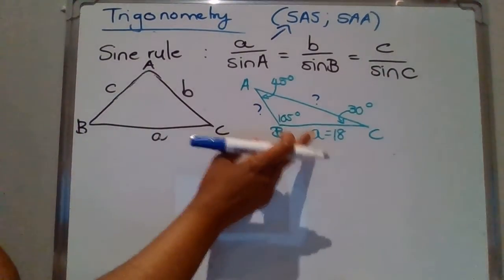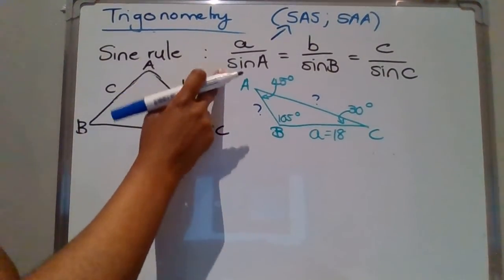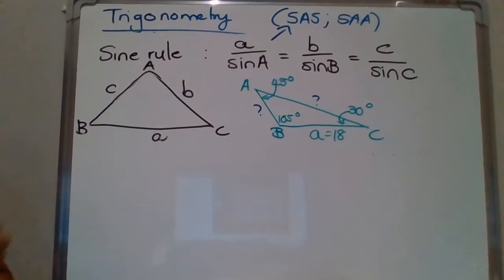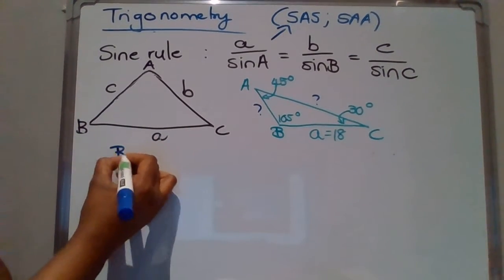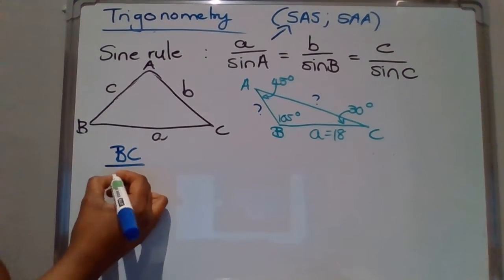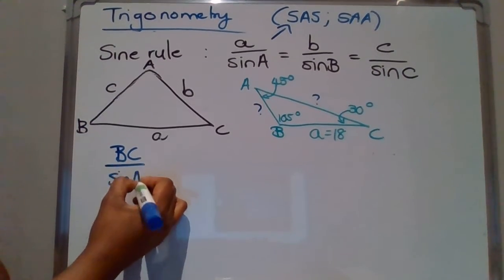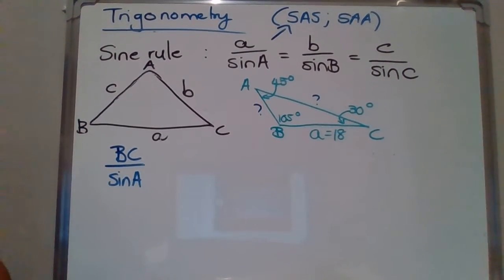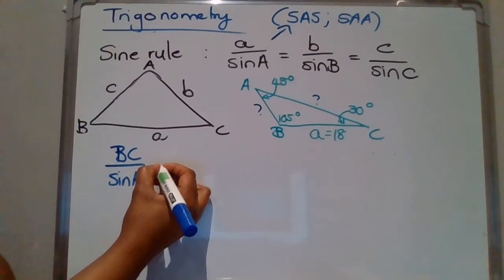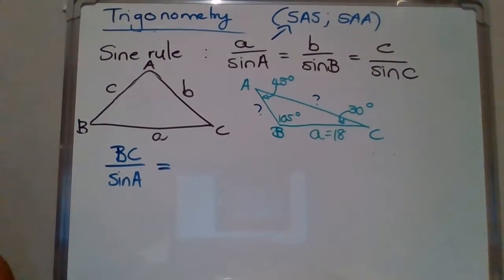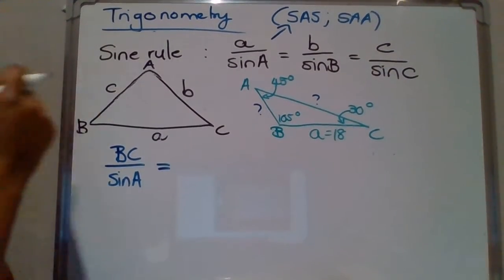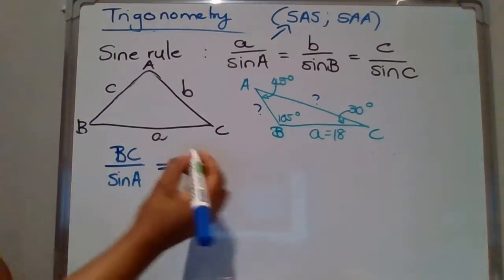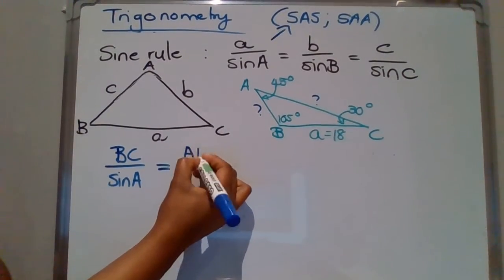So how do I do that? I start off with the ratio where I have both values. So it's BC over sine A, which is equal to, according to the sine rule, which one are we solving first? We are solving AB first, which is equal to AB.